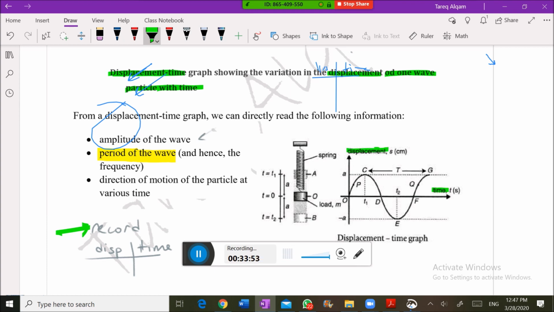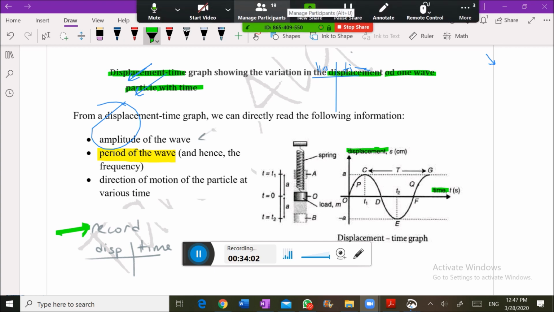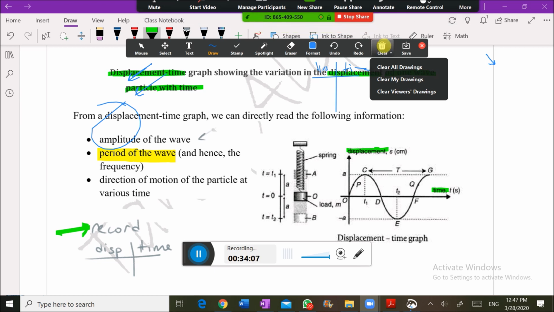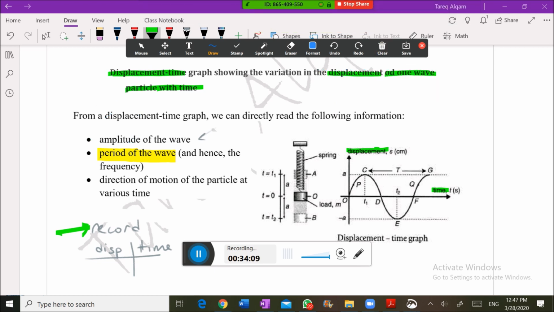From displacement versus time, guys, I can find the period, and accordingly I can also find the frequency.